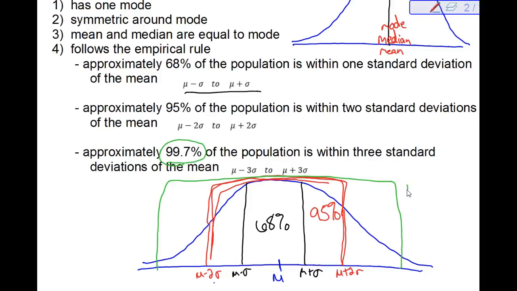It's 99.7% of it. That is, if we add 3 standard deviations, or if we subtract 3 standard deviations from the mean. So again, this is still following that empirical rule that we have looked at previously.